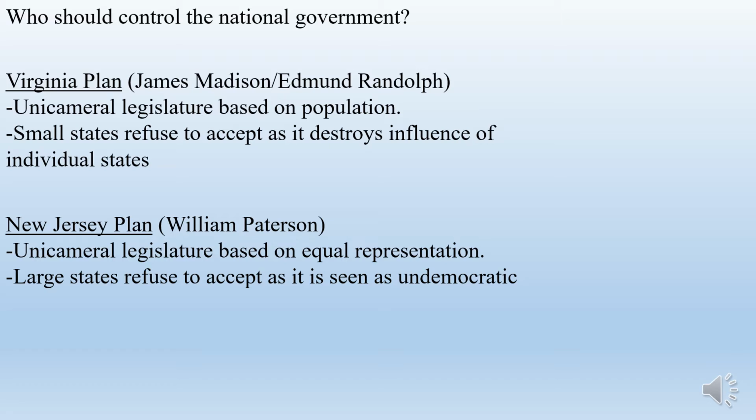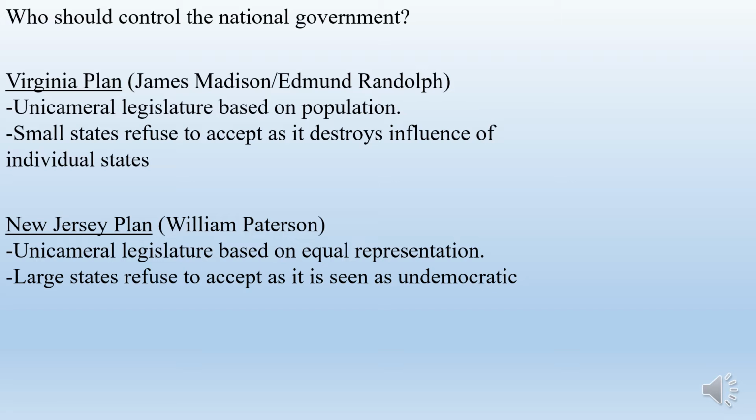So they came up with their own conflicting plan, called the New Jersey Plan, proposed by William Paterson. What Paterson and the smaller state delegations asked for was a unicameral legislature, this time based on equal representation, to protect the equality of each state. The larger states rightfully refused to accept this because they saw it as undemocratic.